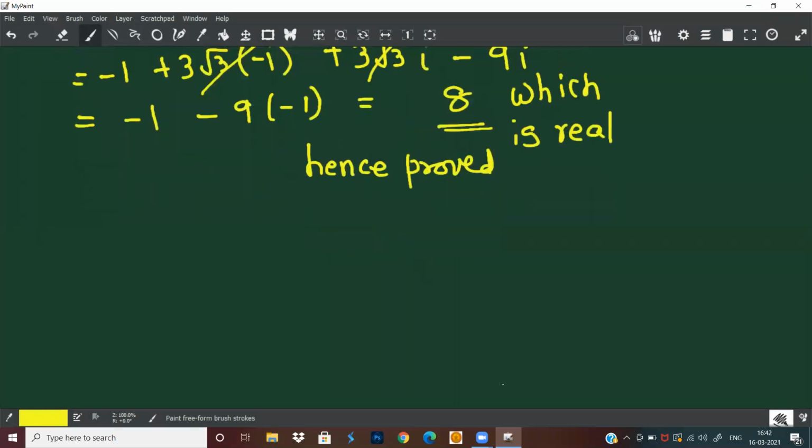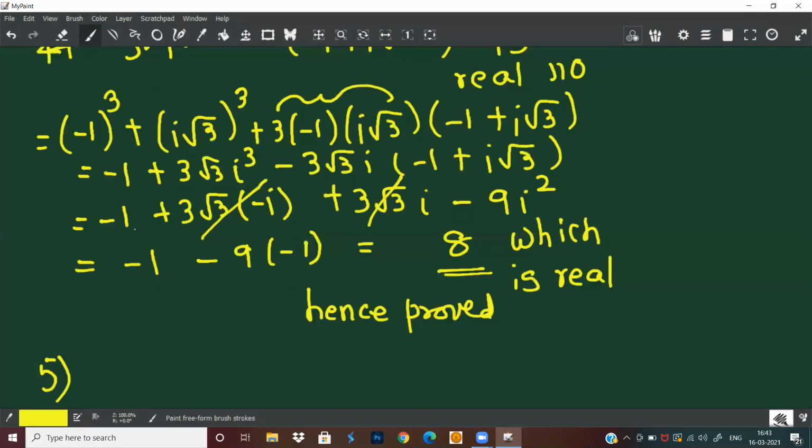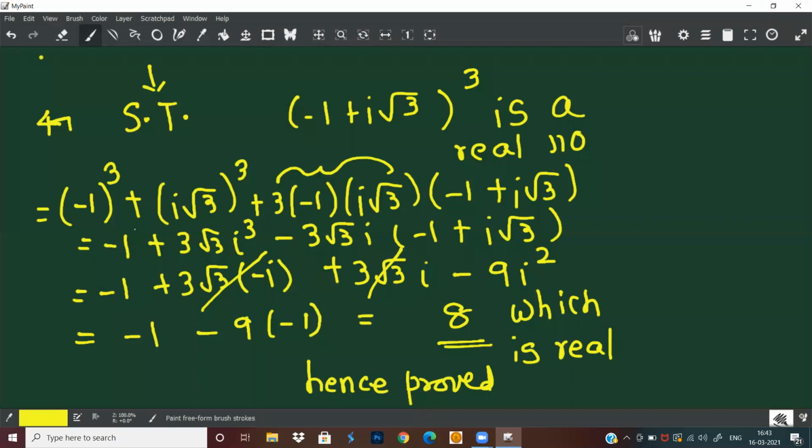All of you have got it? Oh, you won't got the second step. कौन सा वाला बेटा? Aditya? AQ plus BQ plus 3AB into A plus B. Apurva? Yes, I can scroll up. Yes. देखो.